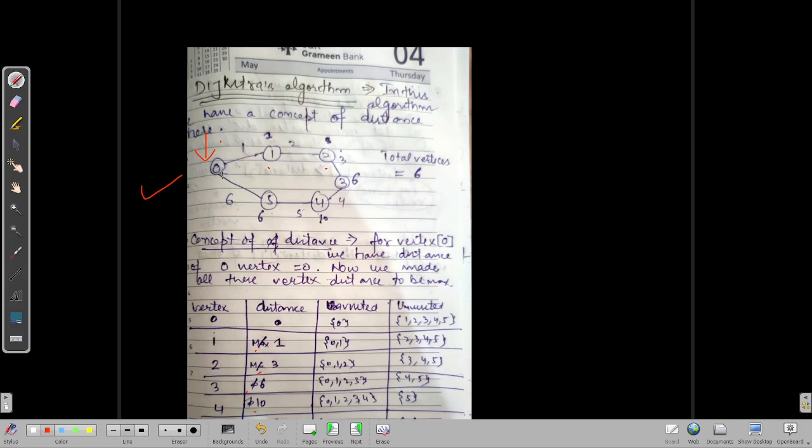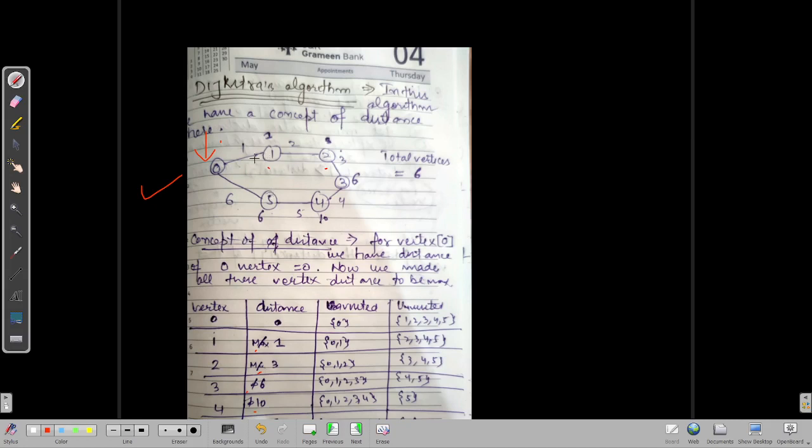Now the algorithm works like this: whatever vertices or nodes are connected with this 0 node, we look at them. Okay, so we can see 0 to 1 there is a cost of 1, from 0 to 5 there is a cost of 6, right? So the concept is, we only try to take those nodes having a lesser distance.